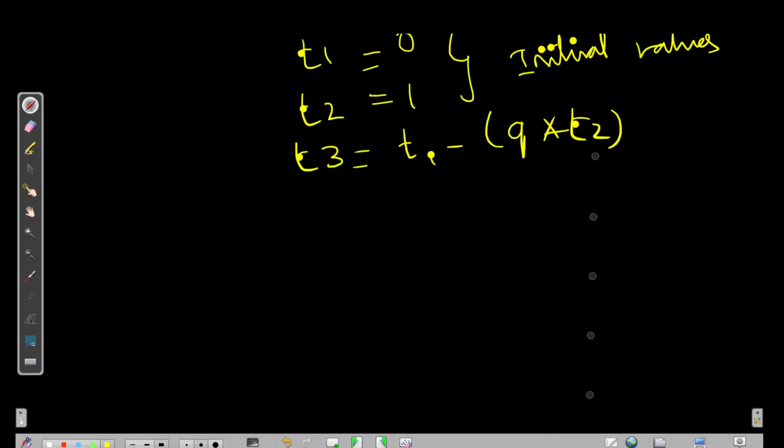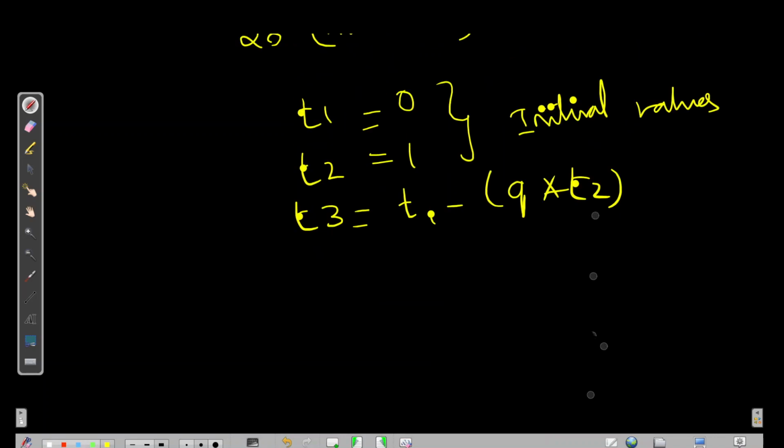So let us form a tabular column by keeping these initial values. I'm going to write that. The columns are: element, meaning the number, and let us take the same way as we have taken here.